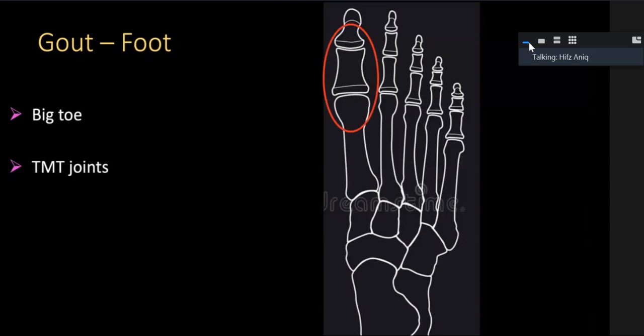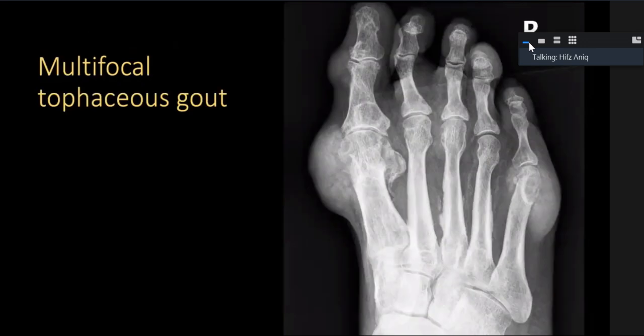As we know, gout typically involves the big toes, and as I mentioned, it can involve TMT joints, CMC joints, and TMT joints in the foot. No erosions, the joint space is maintained in this one, and there's a big swelling on the outer aspect.